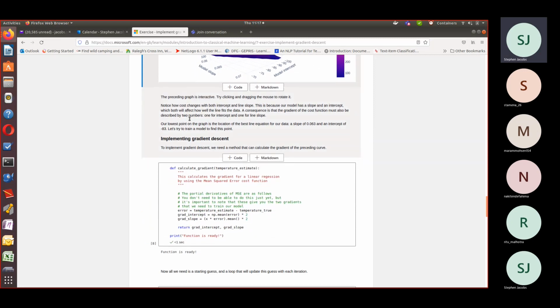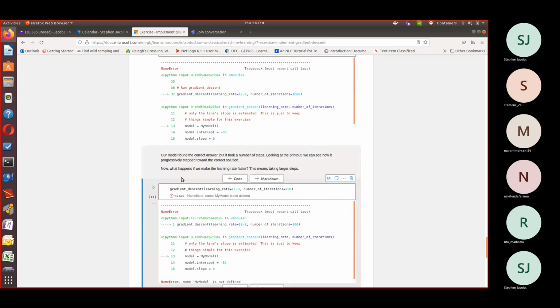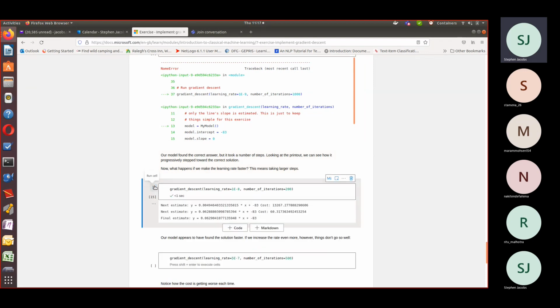So let's see if we can get further. Gradient descent. That's working. Let's try this one. No, I think there is the error. Gradient descent. Okay, let's try again. I think the one below also. Yes, okay, it's working. It's all right. Don't worry, you'll have this trouble when your sandbox runs out.